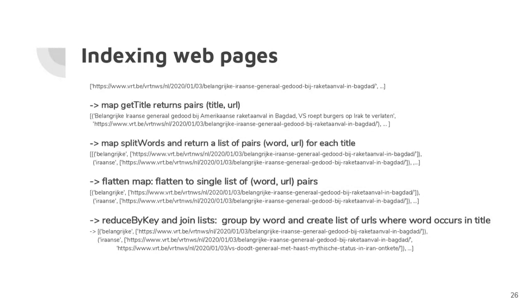So we know for each word in which URL it occurs, and if we group by words, we get all the URLs of all the articles where the word is mentioned in the title. And we just join these lists, so just append or concatenate these lists. That's just the reduce by key and the join list function. The reduction function is just appending each list.